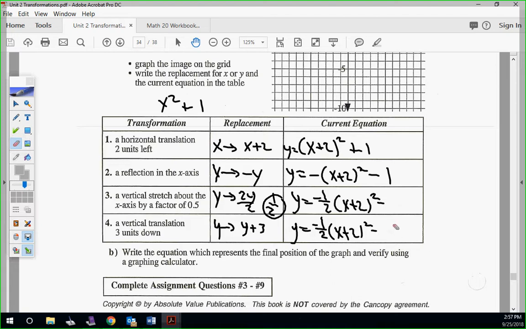Good job. -1/2, it would just be the 1/2 because we already hit the negative. So the 1/2 would make that just 1/2, yeah. That's why we're at 1/2 there. And then we did down 3, so it's -3 to 1/2, which is -7/2, -3/2, yep, thanks.